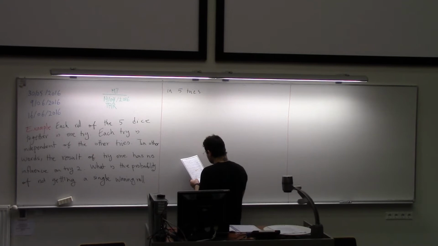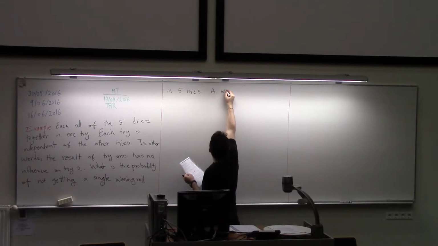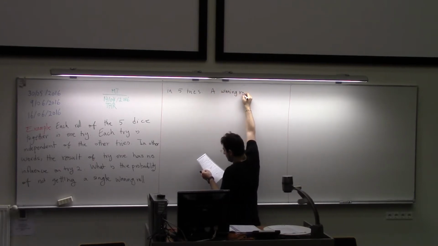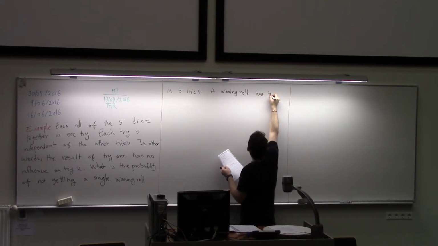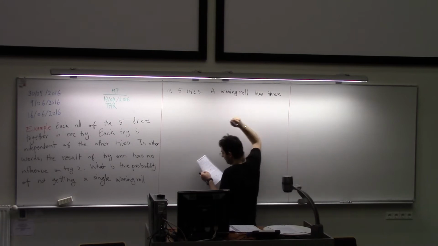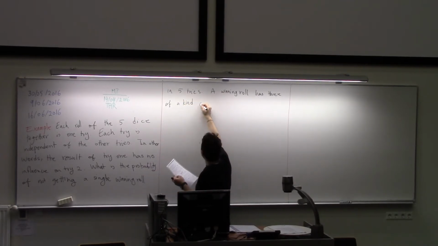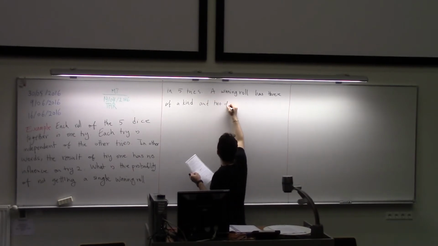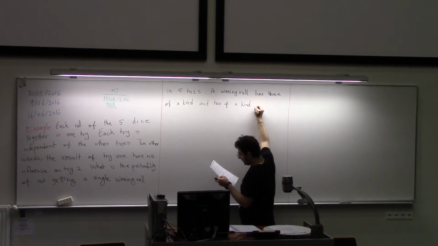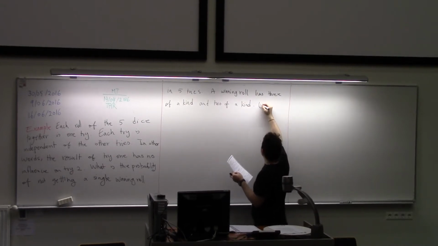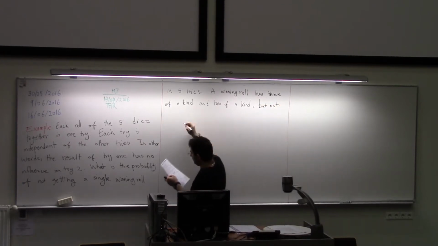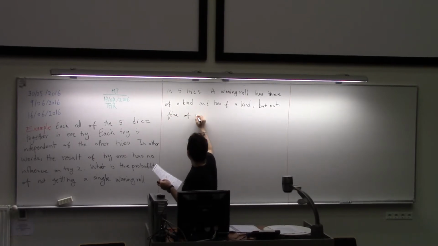And a winning roll has 3 of a kind and 2 of a kind, but not 5 of a kind.